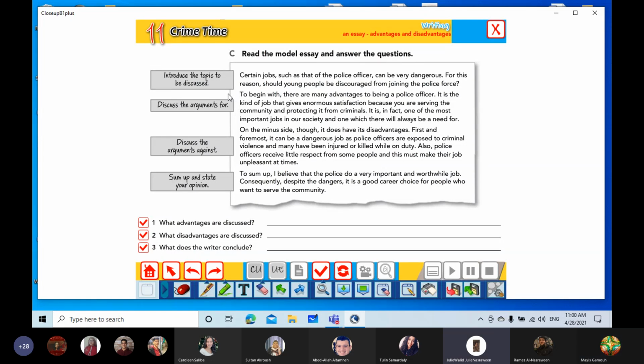It is the kind of job that gives enormous satisfaction because you are serving the community and protecting satisfaction, dear. What is the meaning of satisfaction? Not really. The comfort and contentment, that you guys are satisfied regarding this issue.